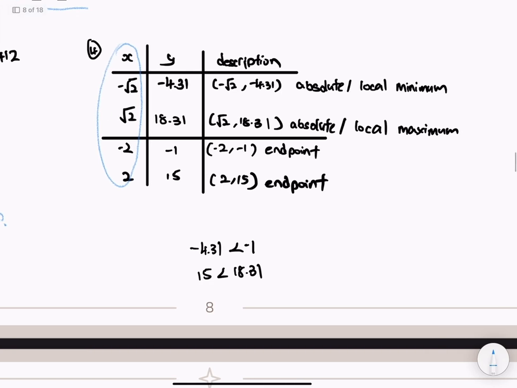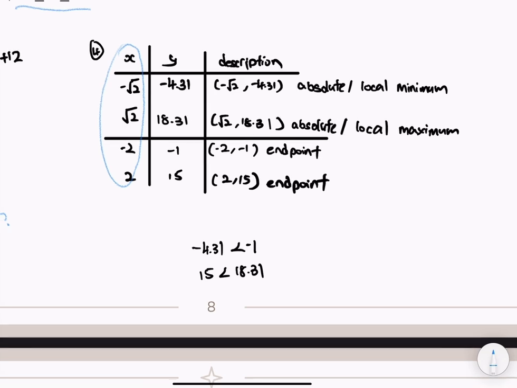So it is an absolute or local minimum. And when x equal to square root 2, y equal to 18.31 is the absolute or local maximum. It is because the endpoints are lower than 18.31. So it is an absolute or local maximum.